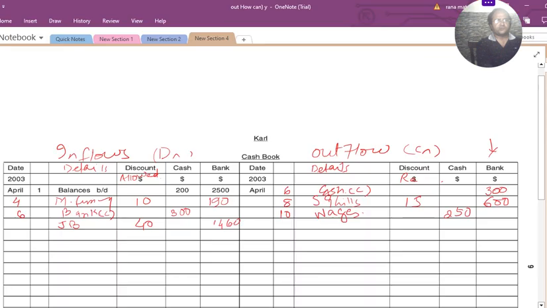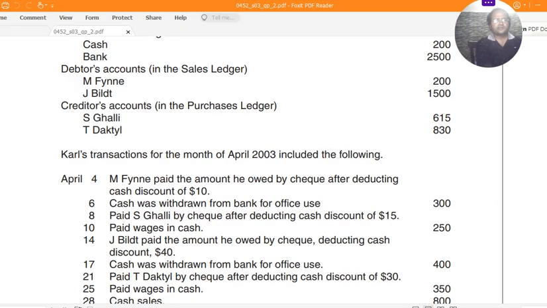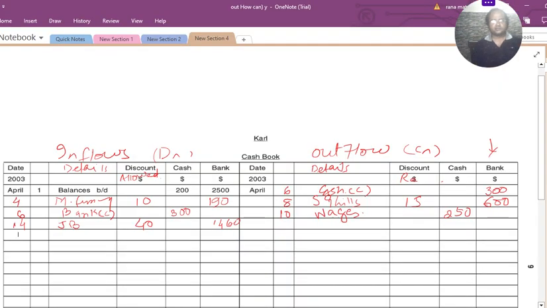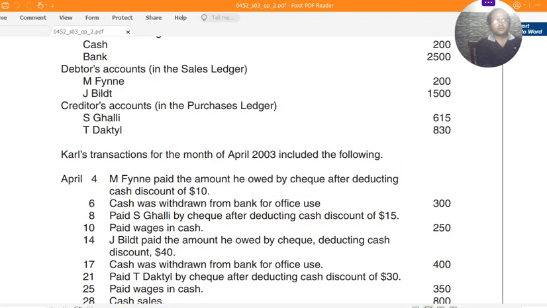The date is 14, and the next part of the question says that cash was withdrawn from the bank for office use. This is the same entry that we did on date 6, a cash contra, and the amount is 400.